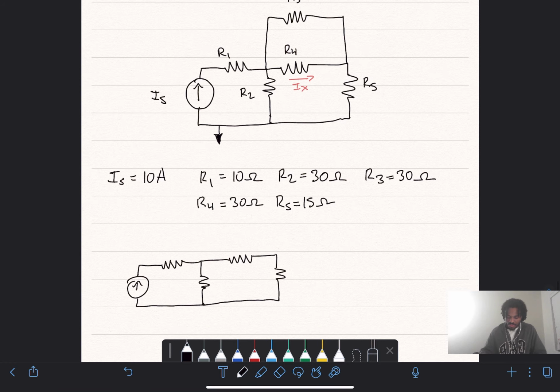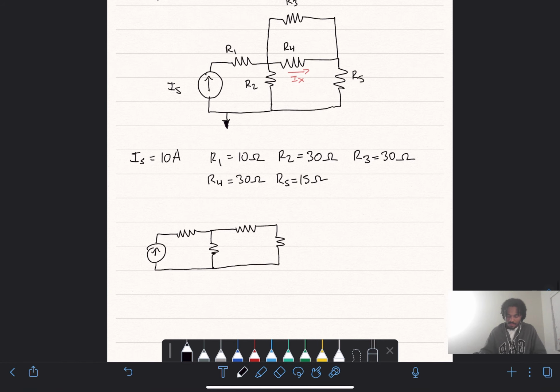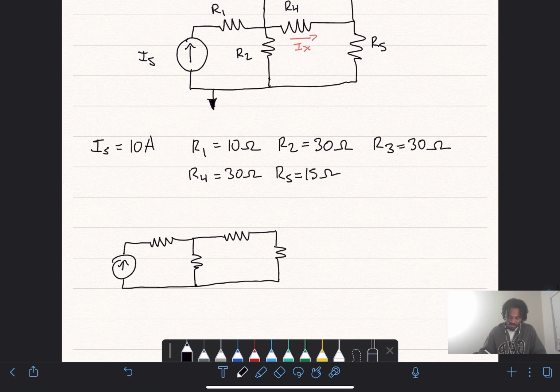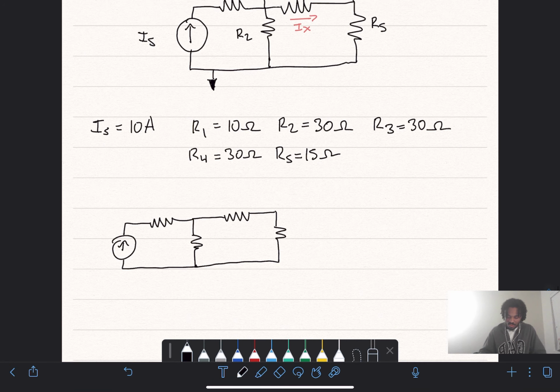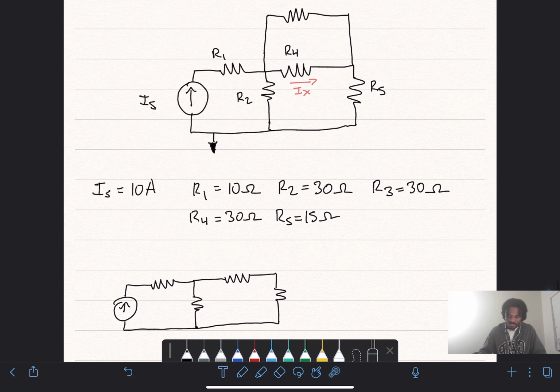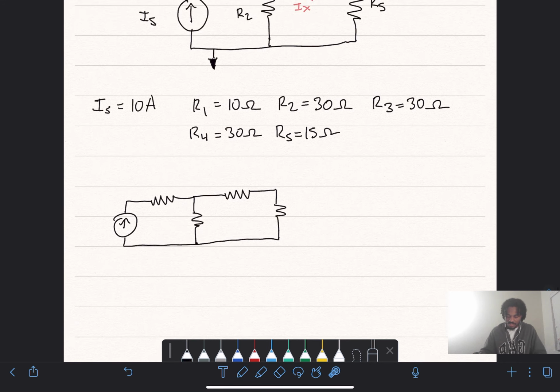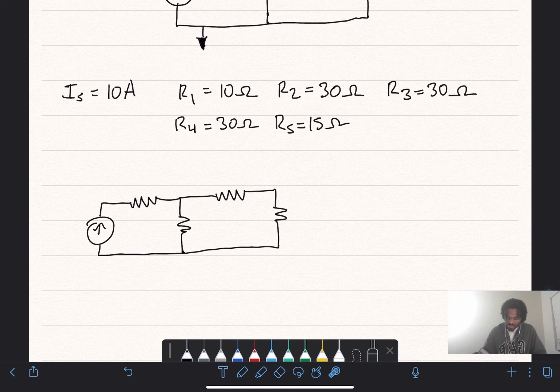And then we can use this to find the current going through R2 and then do some subtraction, or we can use it to find the current going through R4 and R3 and then do current division there, which I think I'm actually going to do that way.